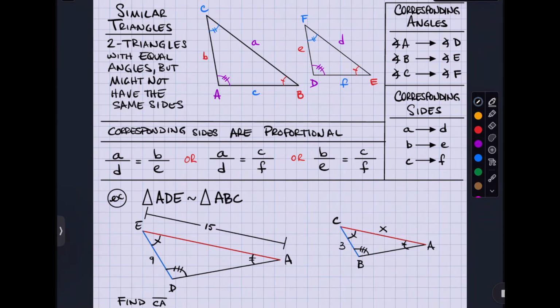That is what you're going to see. And I would strongly suggest that you actually mark those angles down, so you see the angle with a single hash versus three hashes versus two hashes. Make sense?